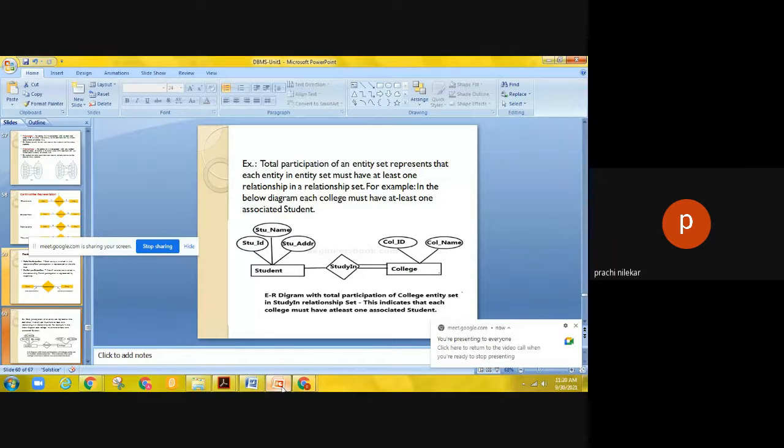For example, in the diagram, each college must have at least one associated student.